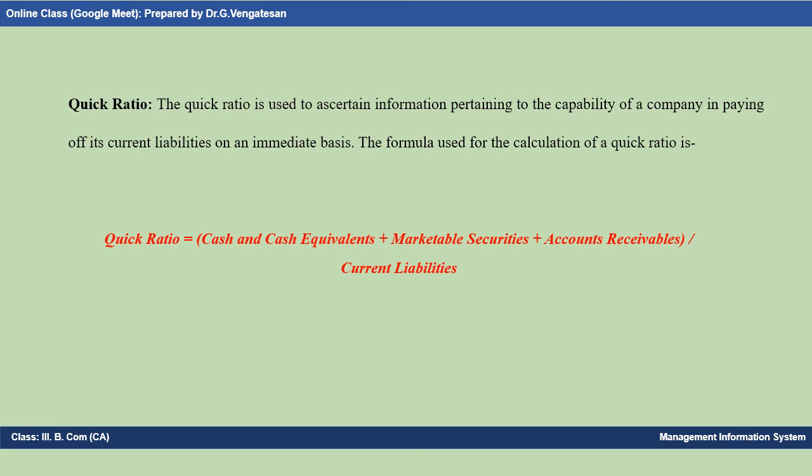The formula used for the calculation of the quick ratio is cash and cash equivalents plus marketable securities plus accounts receivable, divided by current liabilities. The quick ratio is also known as the liquid ratio or acid test ratio.